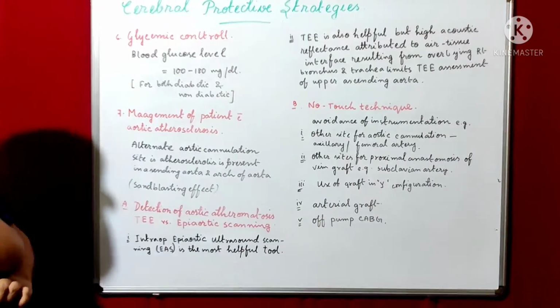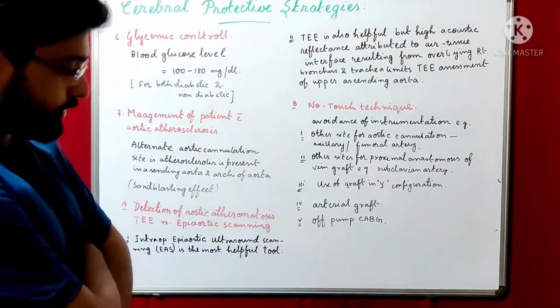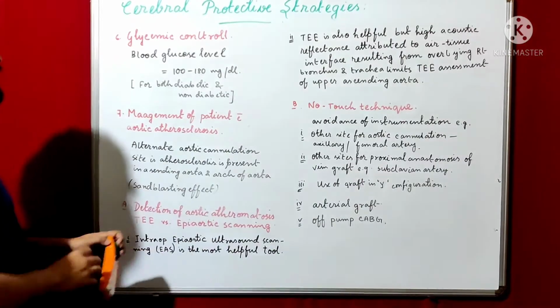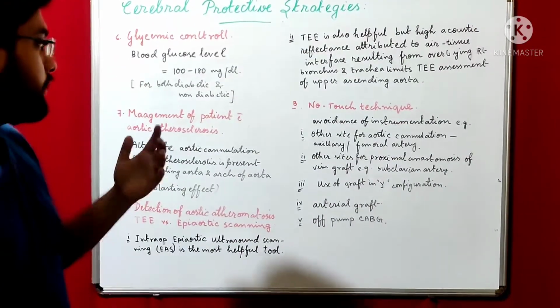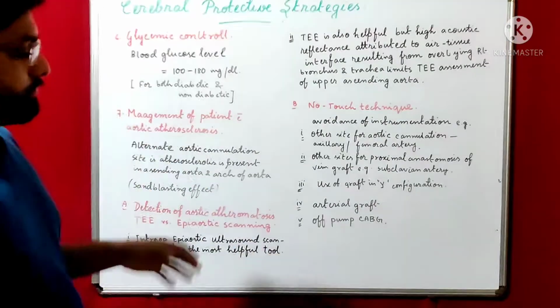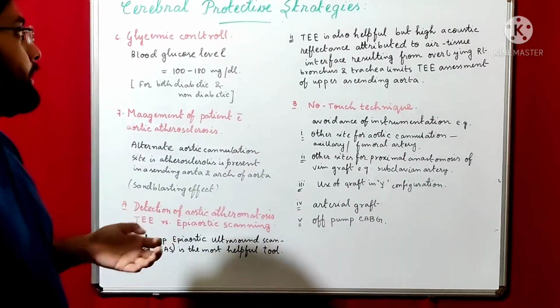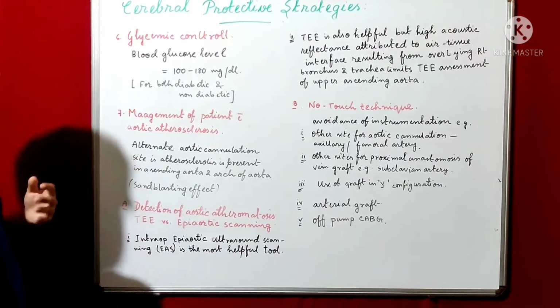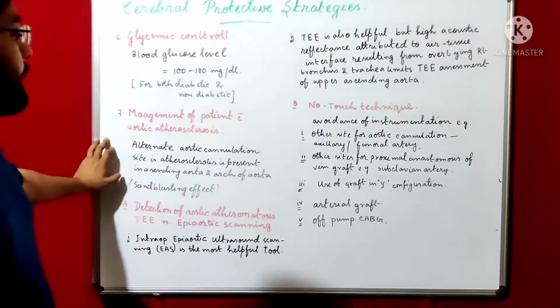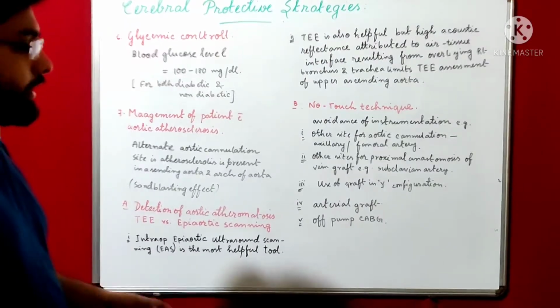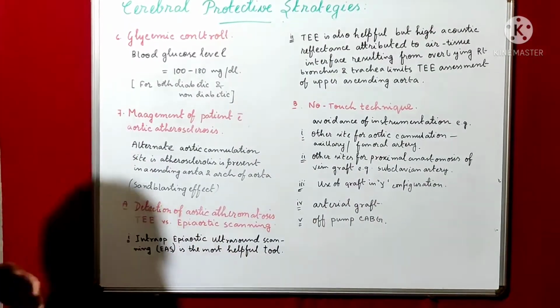Next is management of patients with aortic atherosclerosis. This group of patients is at more risk of cerebral embolization or cerebral adverse effects due to embolization of atherosclerotic debris directly from the aorta.